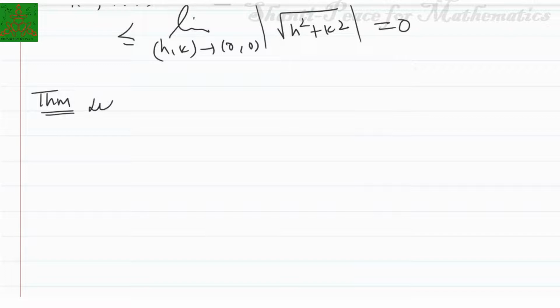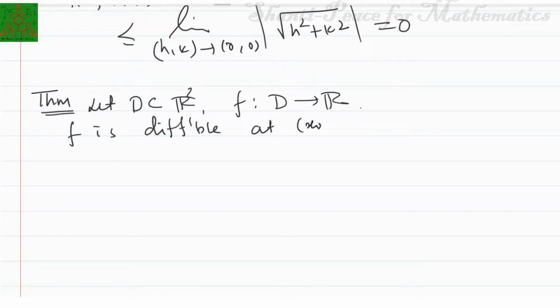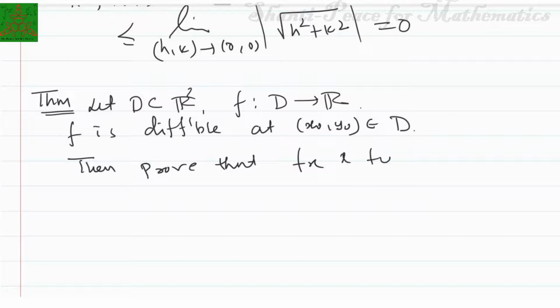Let D be a subset of R square and f be a function from D to R, and given that f is differentiable at (x0, y0), which is also in D, then prove that fx and fy exist at (x0, y0).